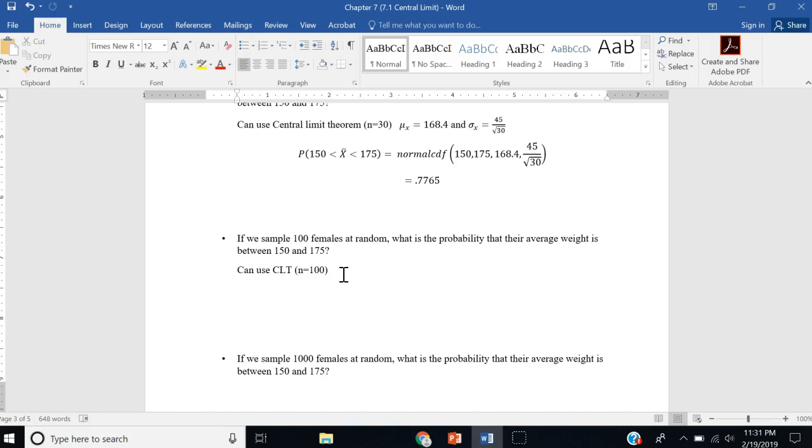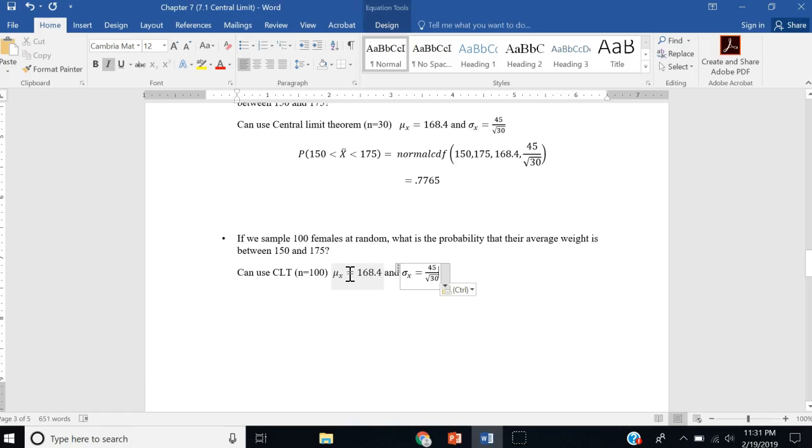When we sample 100 females, the average of samples of size 100 will still be my original average, 168.4. However, the standard deviation of the samples of size 100 will be 45, that's my original standard deviation, divided by the square root of 100.